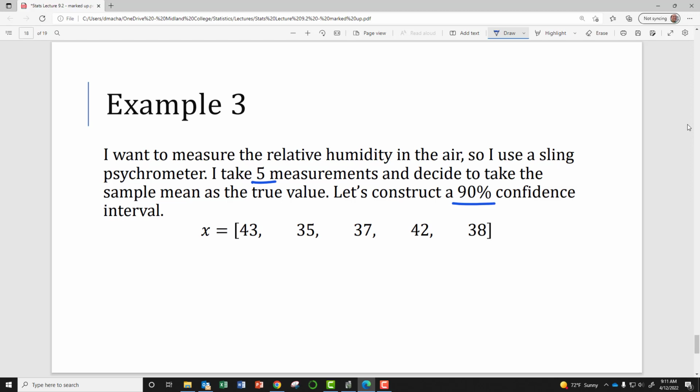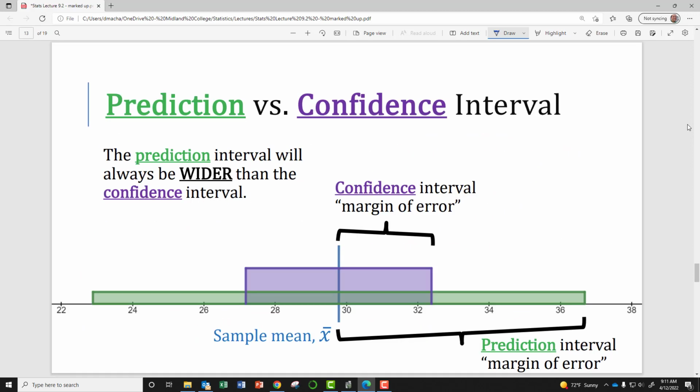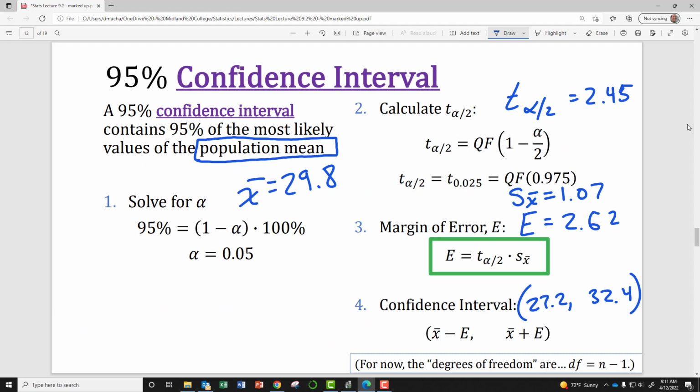So doing this, I need to use this procedure for figuring out the confidence interval, the one on this slide. So we're going to solve for alpha. We're going to calculate my t value, t subscript alpha over 2. Then we'll calculate the margin of error, and finally the confidence interval, like this.